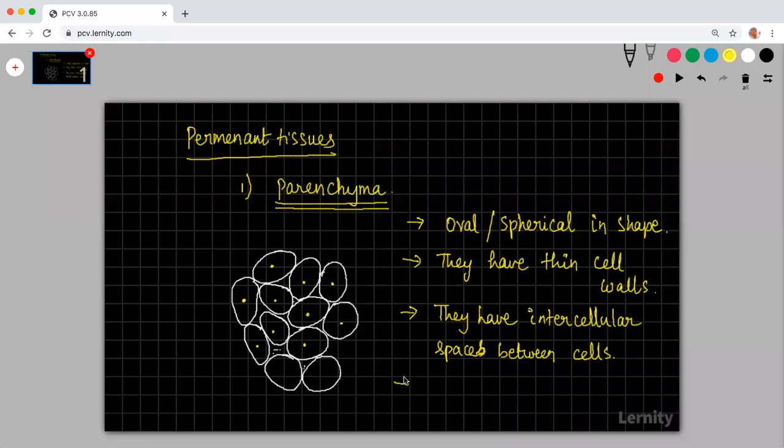And then they are living cells. They store substances.